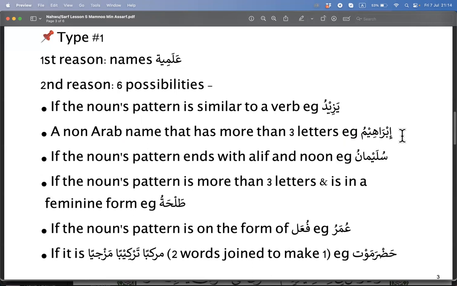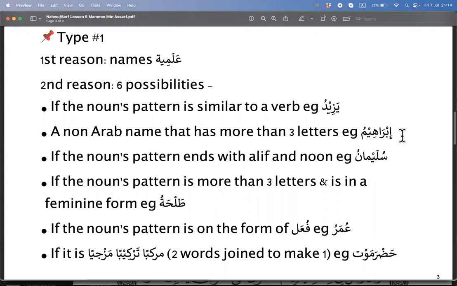So even in other faiths they have similar names, but a bit different. Like Ibrahim, they say Abraham, because it's actually from another language. The Abraham one is like the Latinized version of the original.